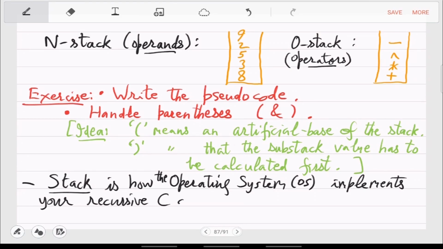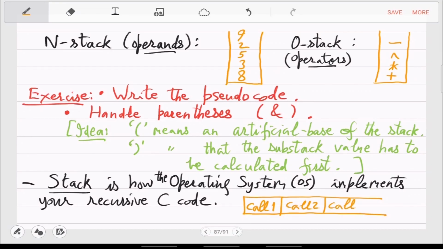Your recursive C code is a stack. So the operating system is basically pushing your call 1 data value here, and then call 2 on top, call 3 on top of that, and so on. And the last call is where the recursion reaches the base case.